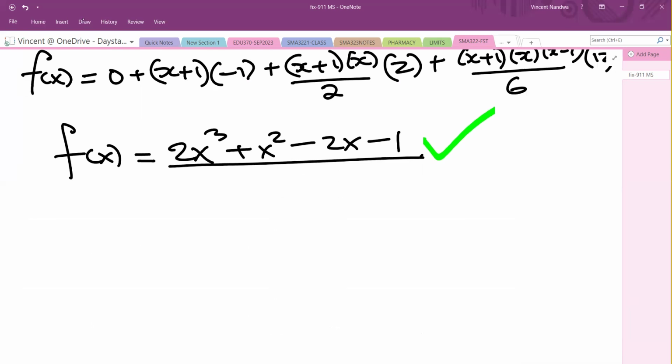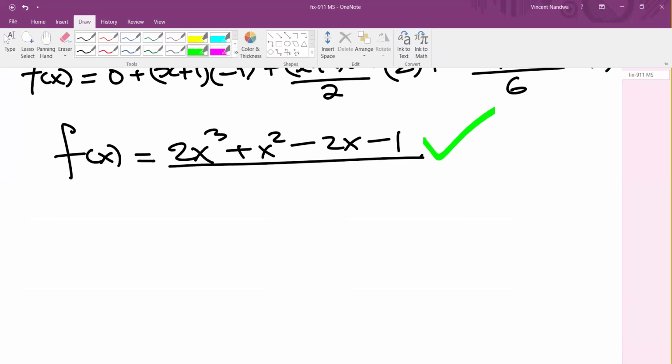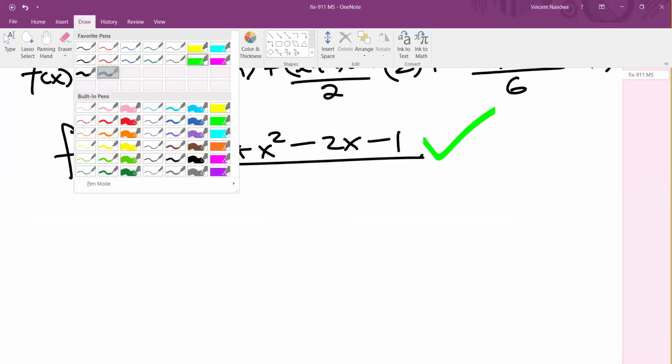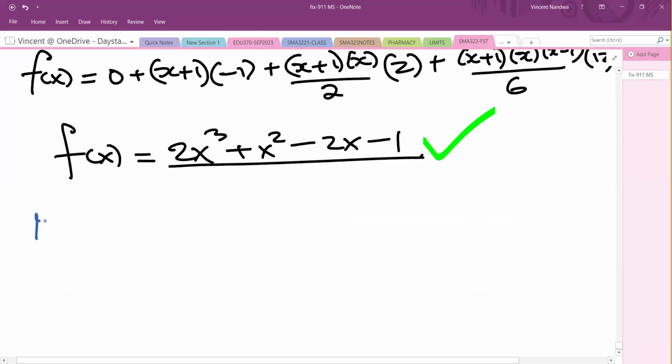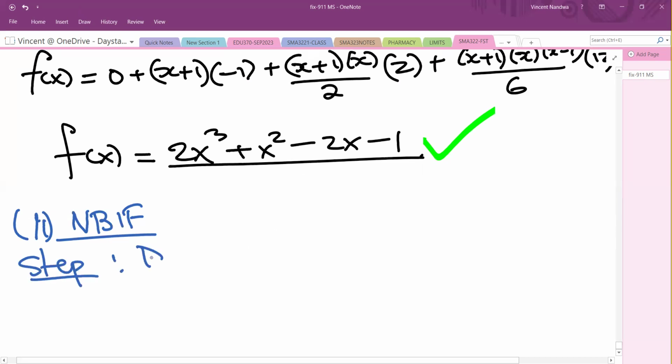So part 2 is to get the same function, but now using the Newton backward interpolation formula. So step 1 is to draw the difference table.